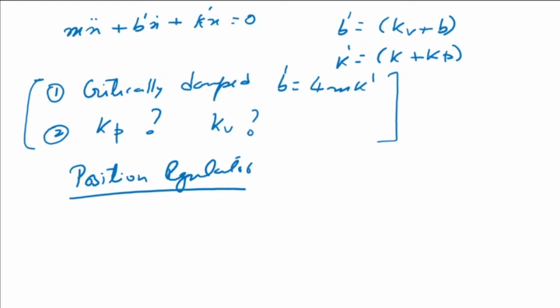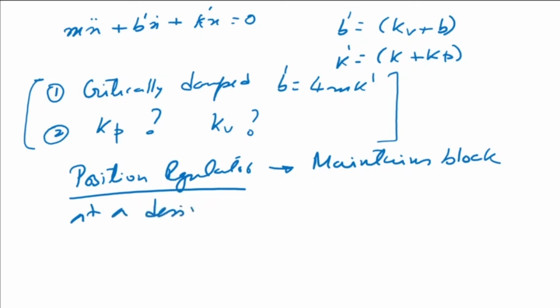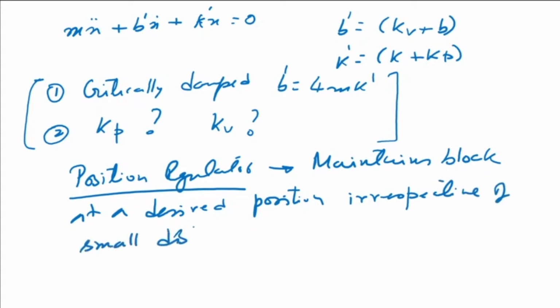It is just simply maintaining the block at a desired position irrespective of small disturbances. So this is the meaning of a position regulator, and what we have just designed is a position regulator.